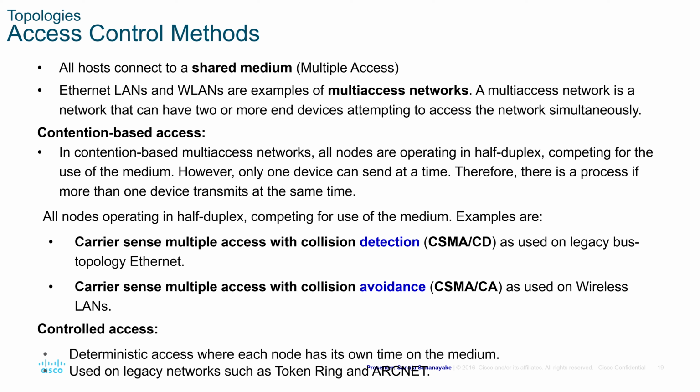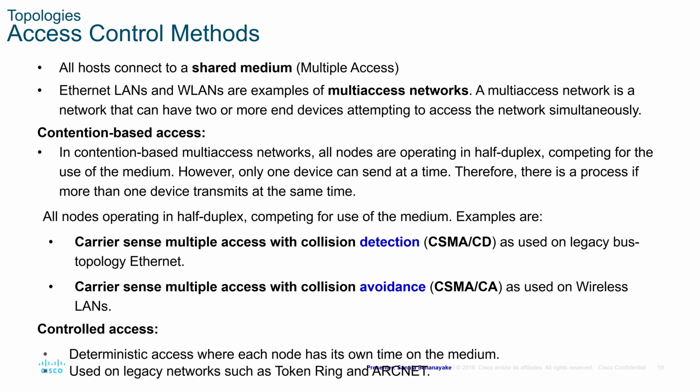Contention-based access. In contention-based multi-access networks, all nodes are operating in half duplex, competing for the use of the medium. Remember the definition of half duplex? That's where it comes into play. Only one device can send at a time because it's half duplex, and therefore there is a process for when more than one device transmits at the same time.